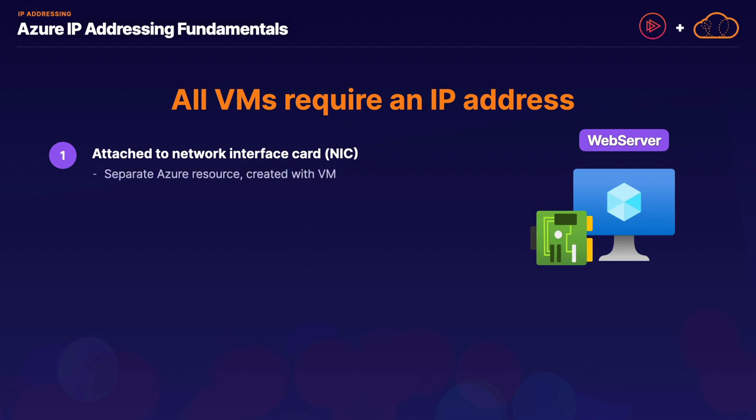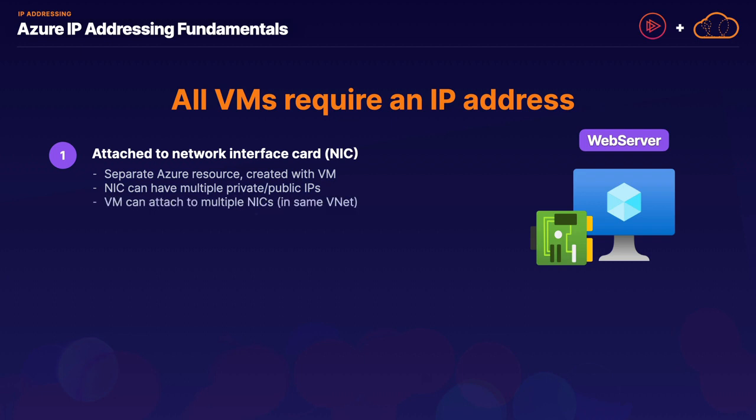However, that network interface is attached directly to your virtual machine. In fact, every time you create a virtual machine in Azure, you will also see a separate network interface resource which is attached to that individual VM. That network interface is where that IP address lives. Now, this gives us some flexibility in which we have the option of assigning multiple private and public IPs to a single network interface.